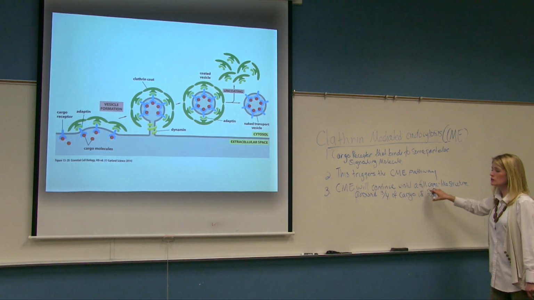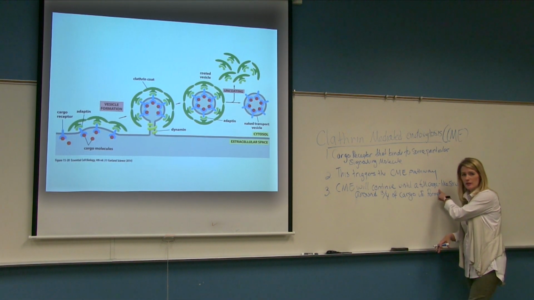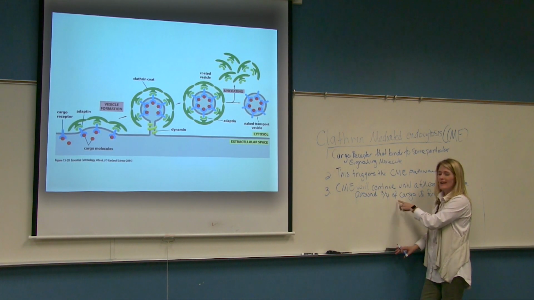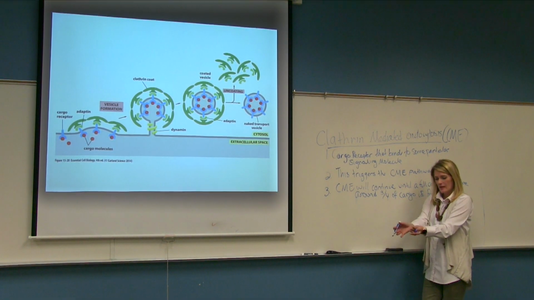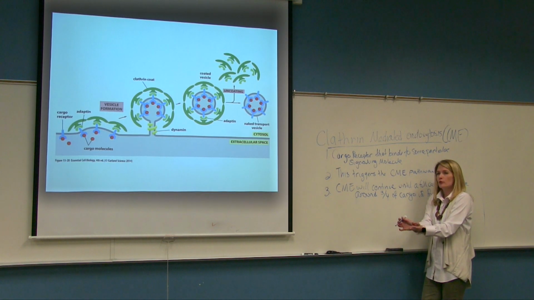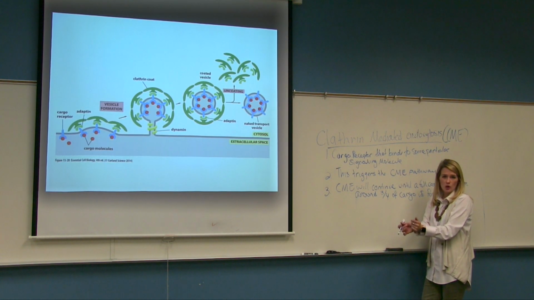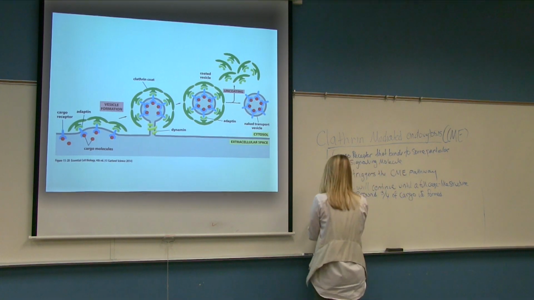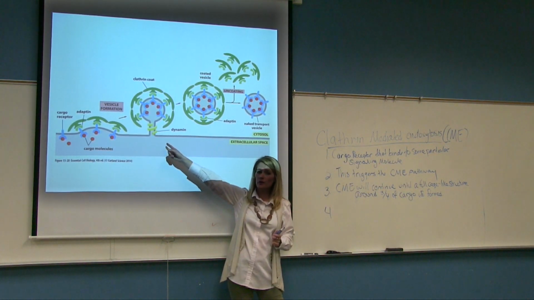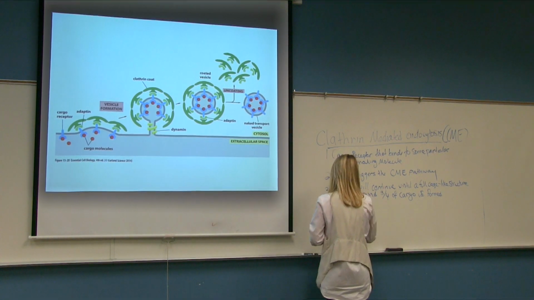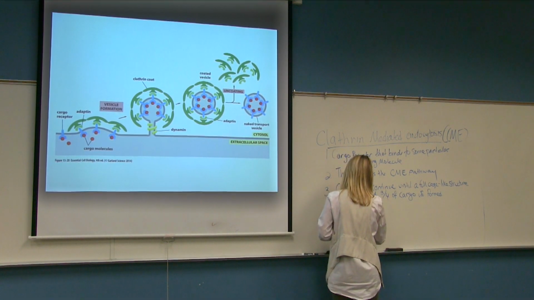And again, it's going to continue to do this until the full cage-like structure, that clathrin coat, is about three-quarters surrounding its cargo. It's got a nice good grip, I should say, on the cargo itself. Once we have pulled in the majority of the cargo that we need, dynamin is then recruited.